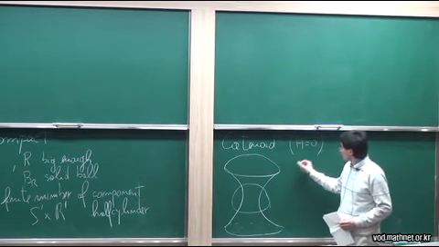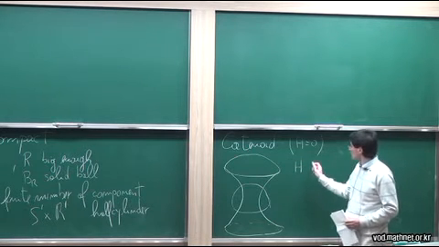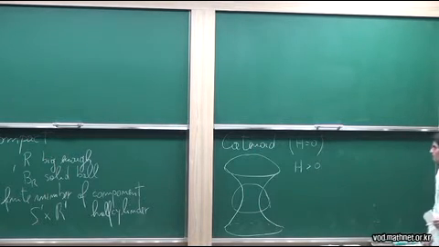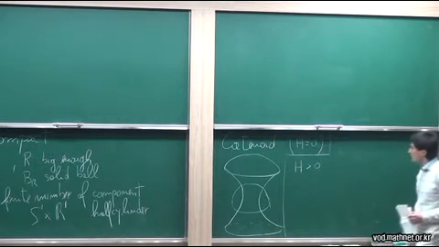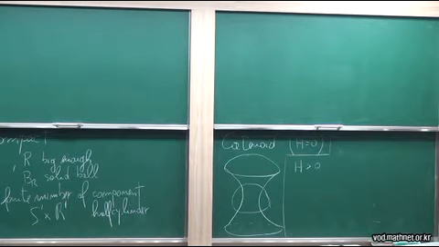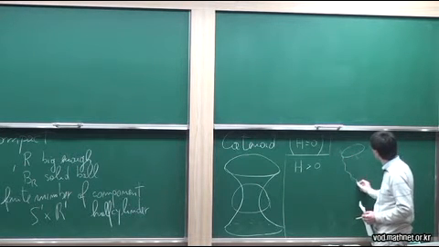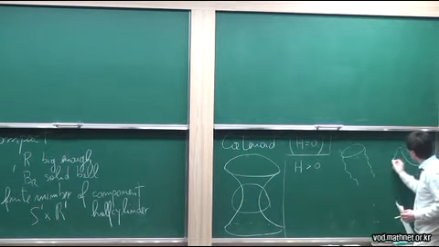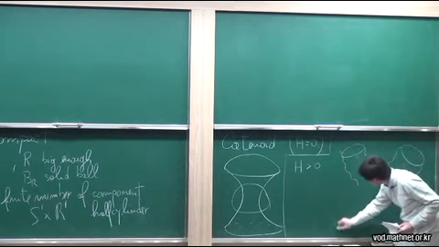What about the case H non-zero? For certain reasons we don't consider H negative, we consider only H positive. A constant mean curvature surface with H positive looks like this, for example.